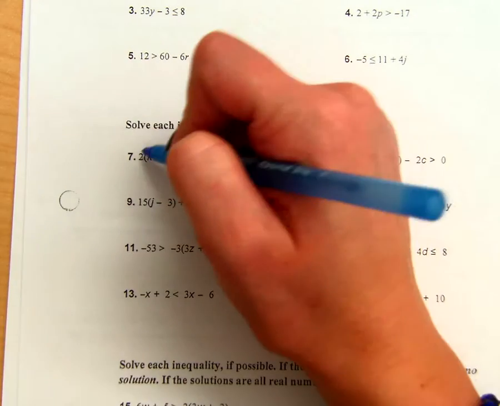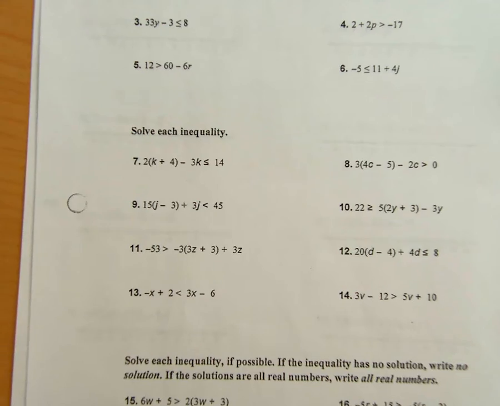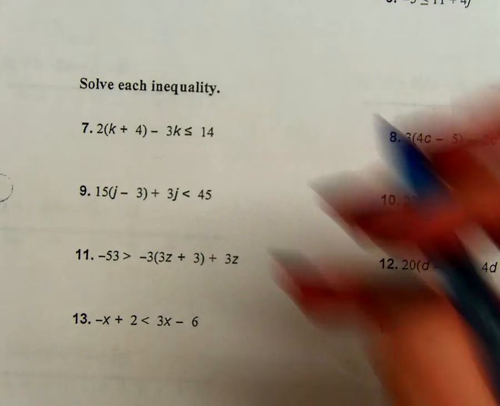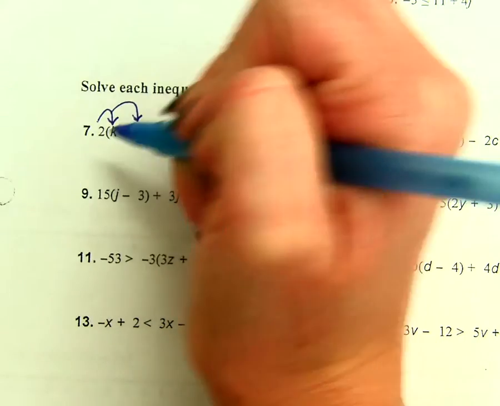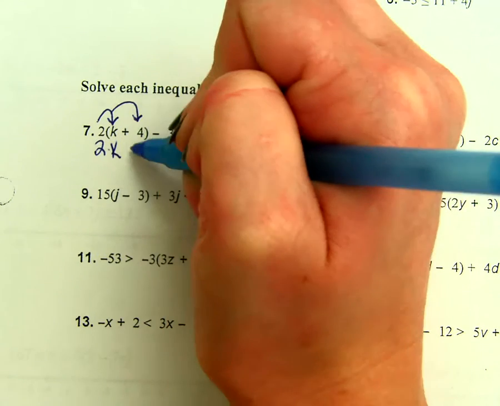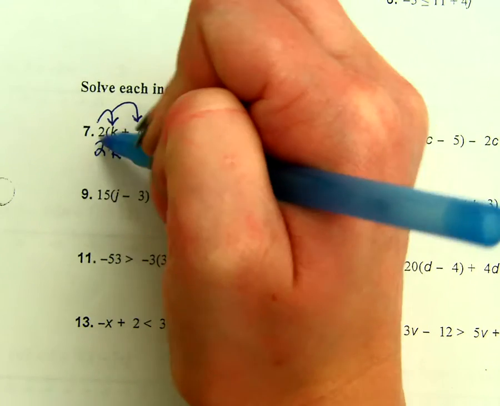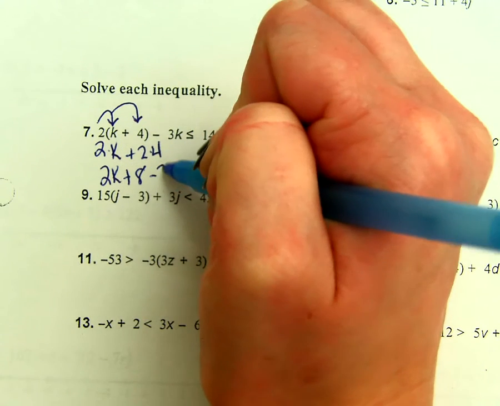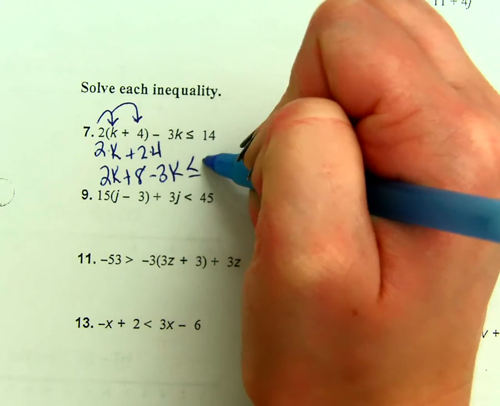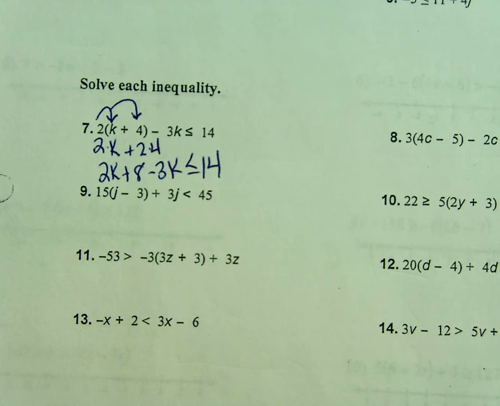Remember that when you have parentheses, that means distribute. You're going to distribute the 2 to the k, the 2 to the 4. So 2 times k plus 2 times 4. 2k plus 8 minus 3k is less than or equal to 14.